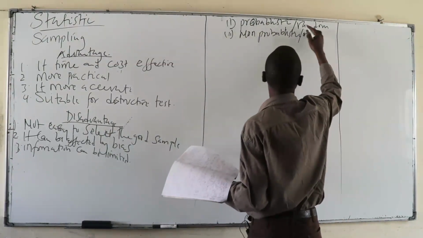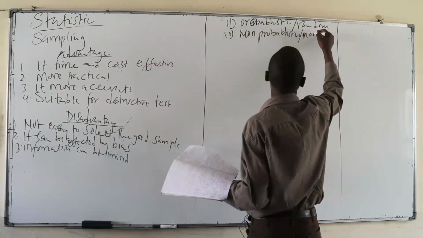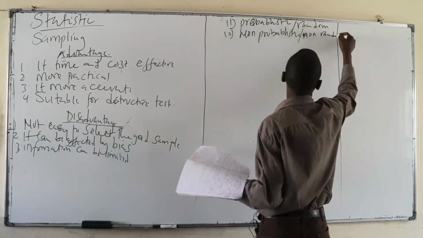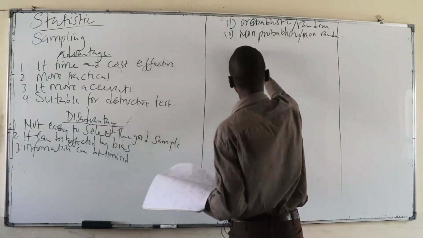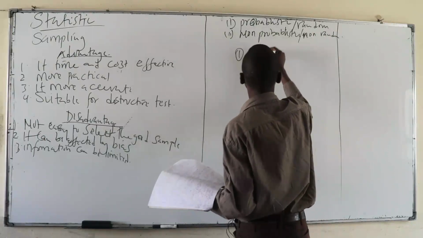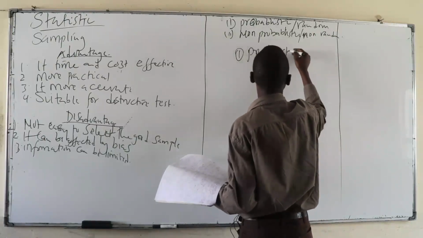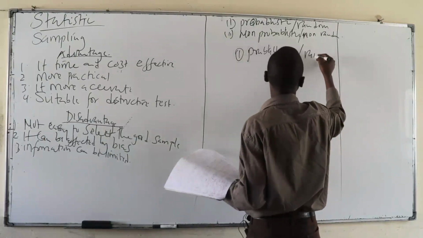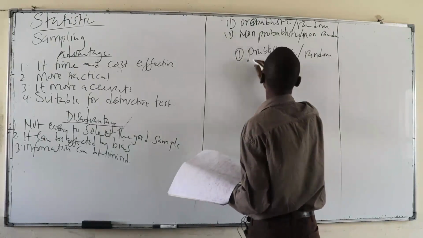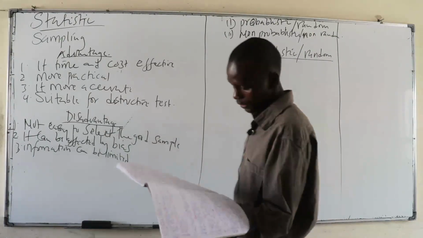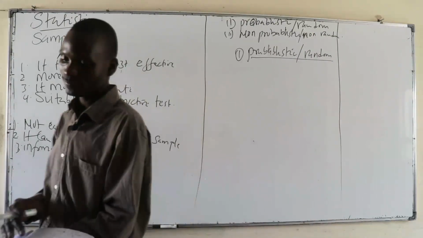So under number one, probabilistic or random.